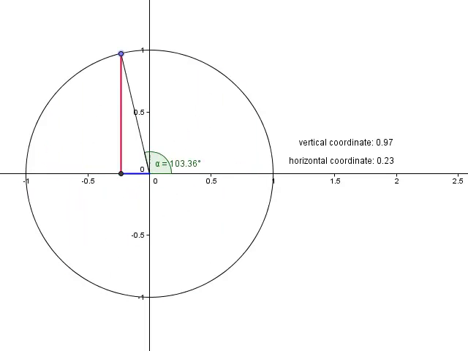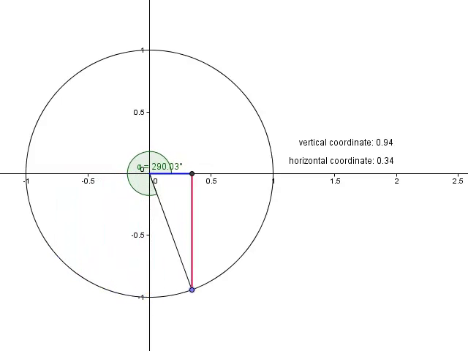So if we look at just the red line over here, starting from 0, it gets longer and longer and longer until it gets to its maximum length of 1. The red line is now at 1. And now it gets shorter, down to 0. And now remember, the red line represents a negative number, so we're getting even more negative until it gets to the bottom at negative 1, and then it goes back up again to 1.